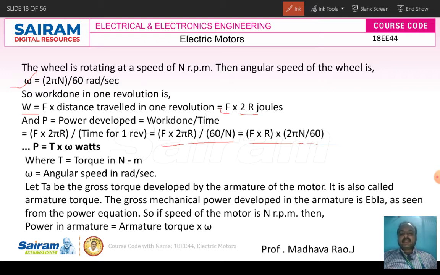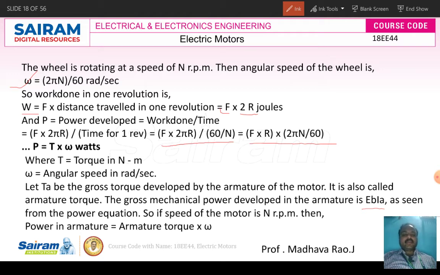Let Ta be the gross torque developed by the armature of the motor, also called armature torque. The gross mechanical power developed in the armature is Eb into Ia, back EMF into Ia, as seen from the power equation. In the previous video we discussed back EMF and its significance.